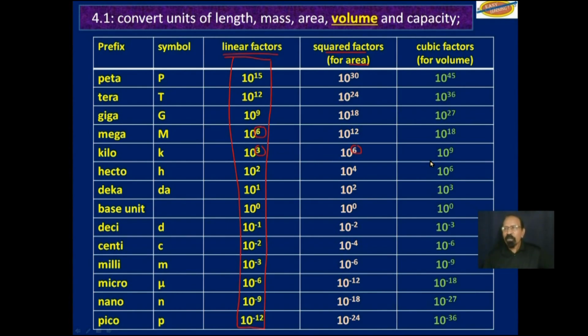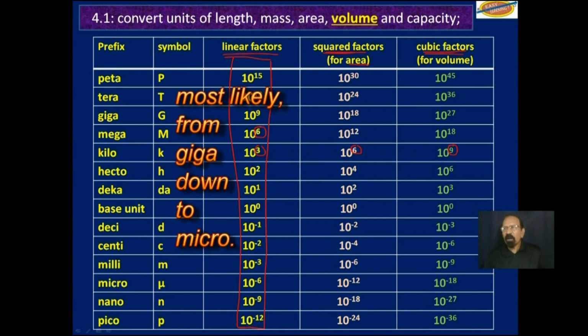And 1 cubic kilometer would be 10 to the ninth cubic meters. So you cannot escape learning these linear factors. Learn the linear factors so that when we come to the square factors and the cubic factors, all of those will become very easy. And as I said, you don't have to learn all that you see here, just a few, maybe from here to there.